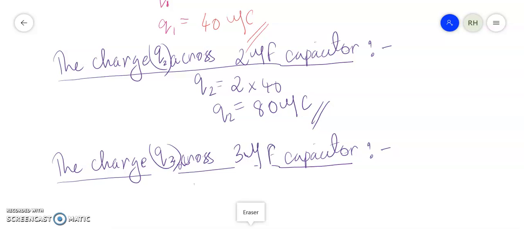And that's going to be again Q3. So I'm just putting this 3 value, the value of this capacitor, as the name. So Q3 is equal to again C times V.